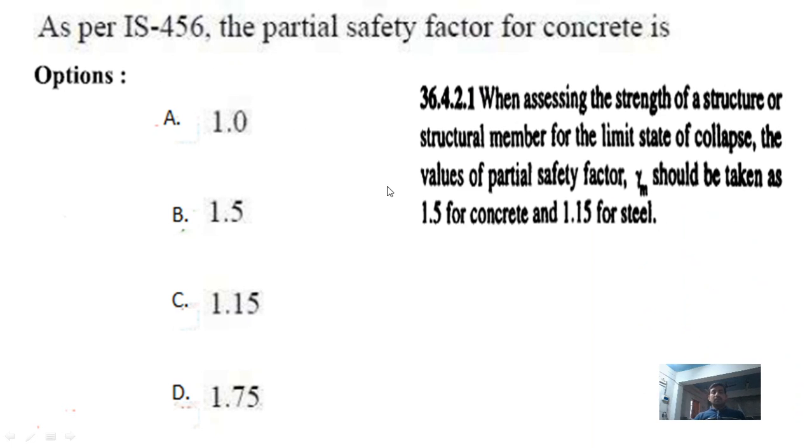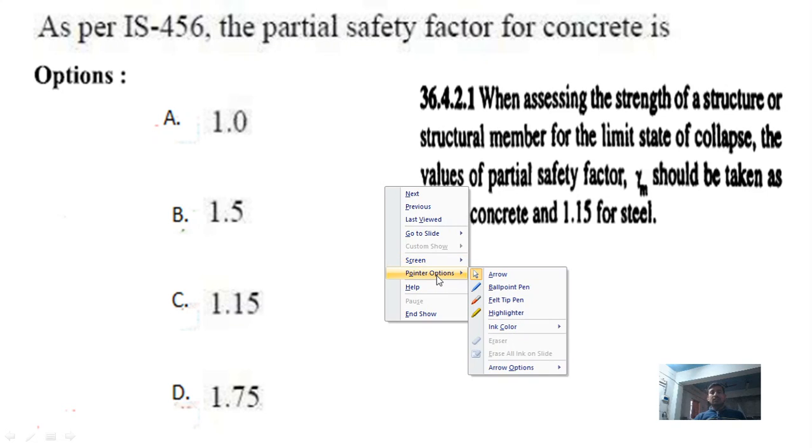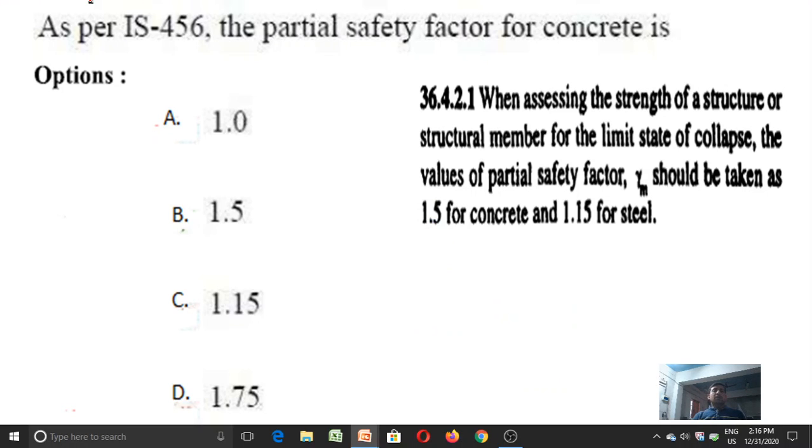The first question which is asked in TS E-Cet 2020 in RCC subject is, as per IS 456 2000, the partial factor of safety for concrete is.